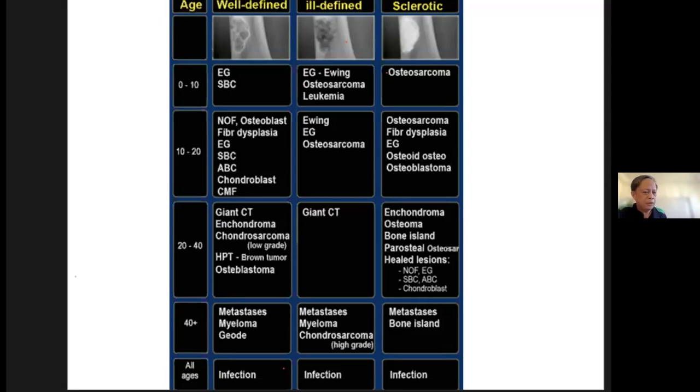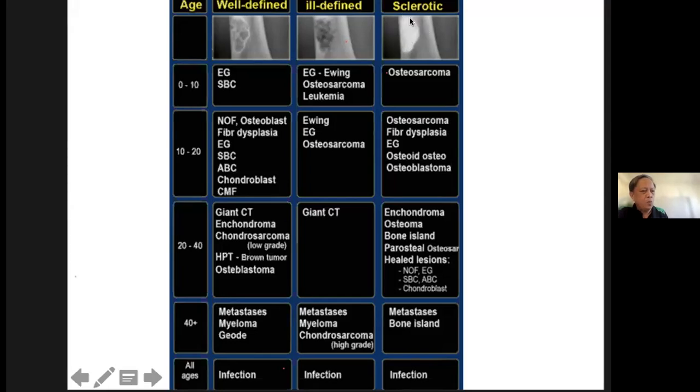Although both can be expansile, the more prominent feature of osteoblastoma is sclerosis. That's why you see the term blastoma. Whenever you see blastoma, expect some, even prominent, sclerosis, meaning increased opacity of the lesion, like this one.